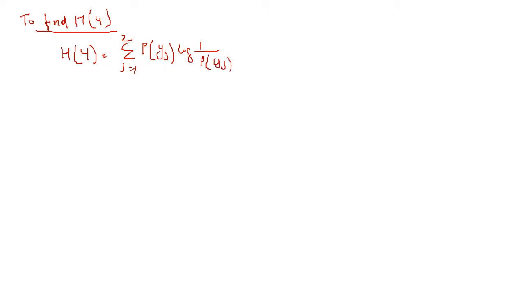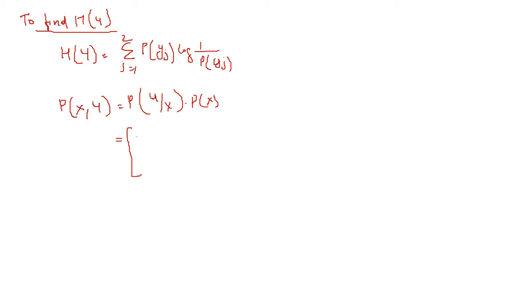So this is by the definition. Now to find these output probabilities P of yj's, we need to write the joint probability matrix. So P of x comma y is nothing but P of y by x into P of x. So we'll just try to multiply the matrix now.